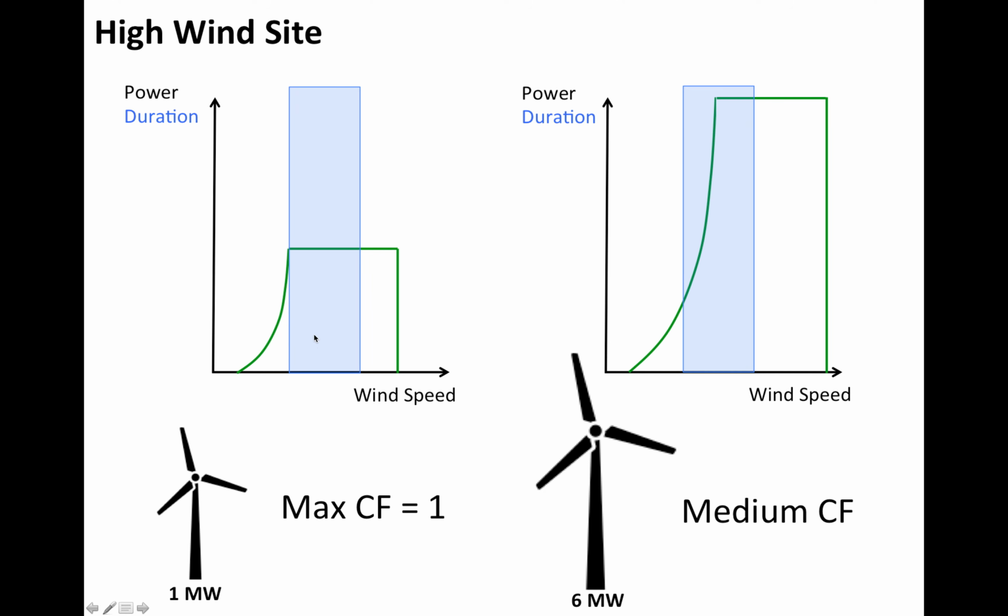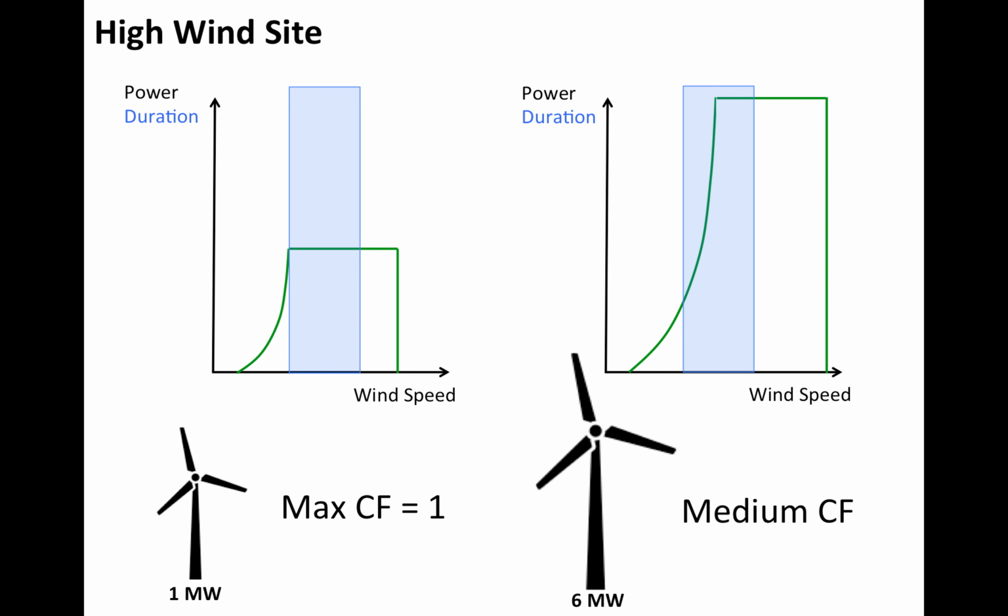So even at its full capacity, the small wind turbine can only produce 1 megawatt. But the large wind turbine can produce 6 megawatts at its rated power once it is reached. So even though the capacity factor for this large wind turbine is lower than that for the small wind turbine, this large wind turbine can harvest more energy out of the wind. So in this case, the small wind turbine cannot capture the full energy potential in the wind at this particular site, and we would actually prefer the large wind turbine.